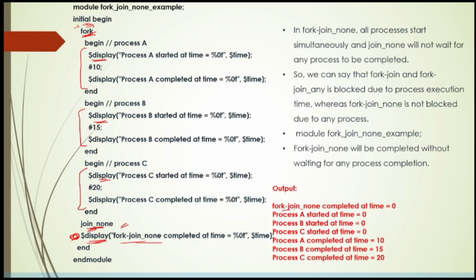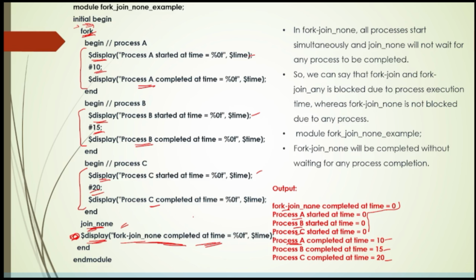Now, fork join none is completed at time t equal to 0, and then the processes A, B, C. All four will be executed at 0 time units only. Then coming to process A, it will start at 10 time units, and process B will start at 15 time units, and then it will be executed at 20 time units based on the time interval.